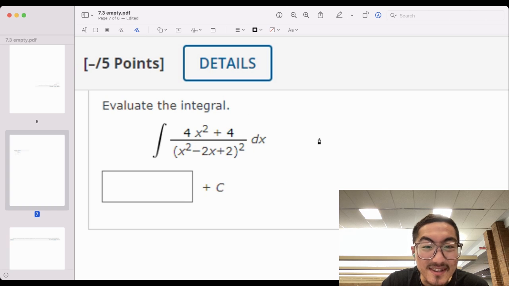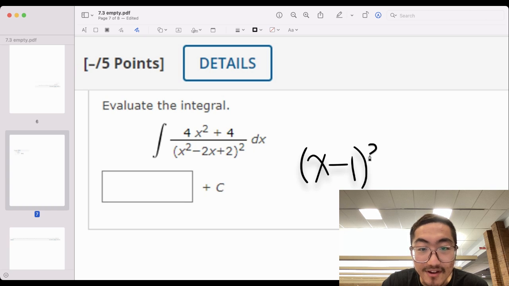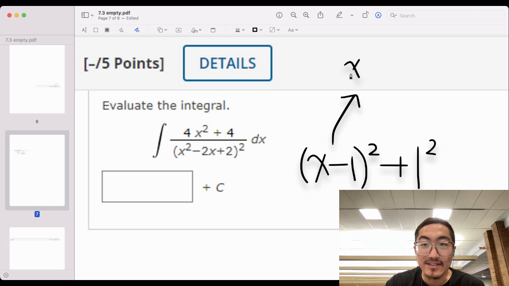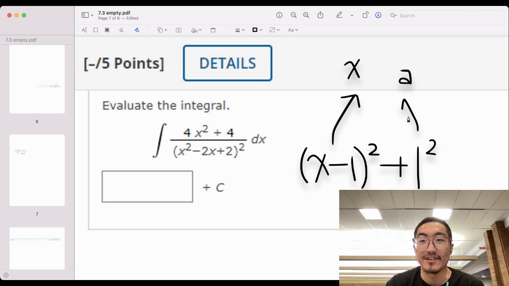So it's going to be x minus 1 squared plus 1. This is a variable, the x component, and this is the a component here.